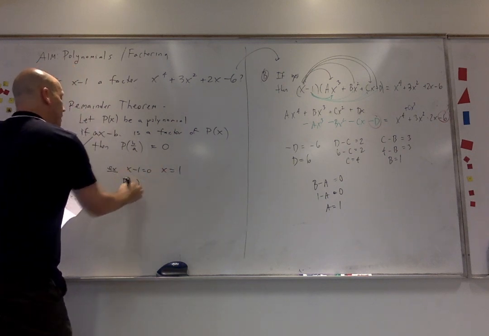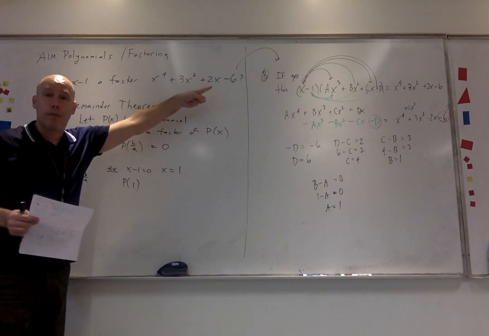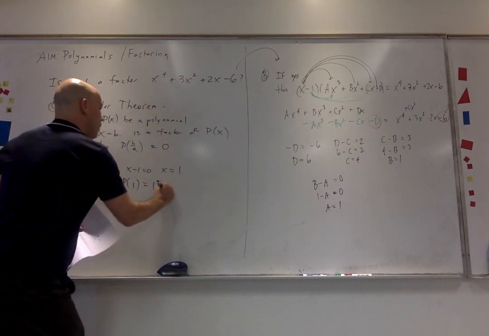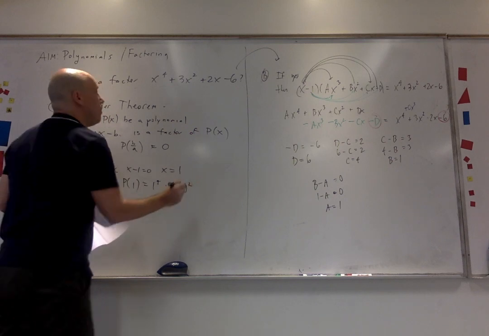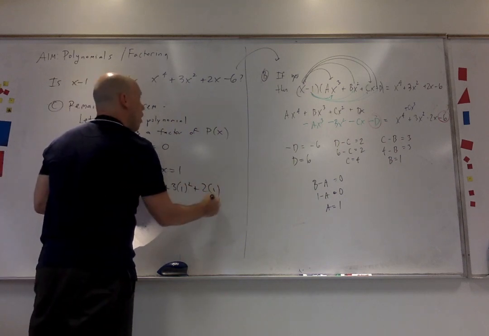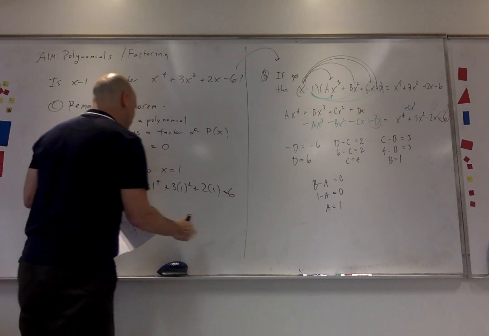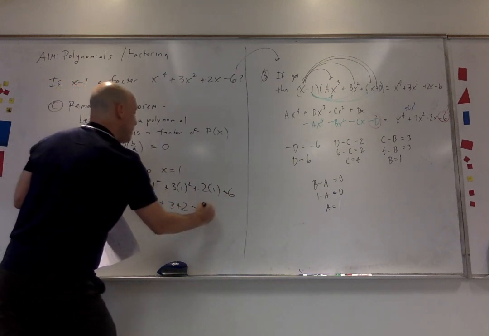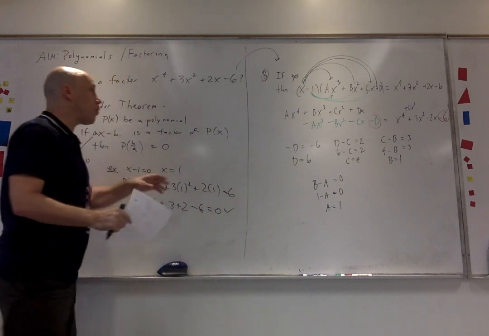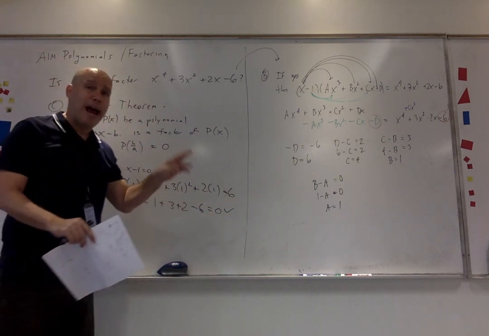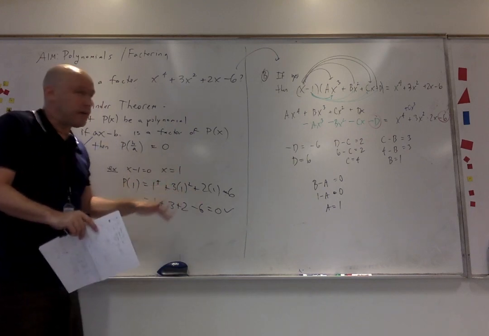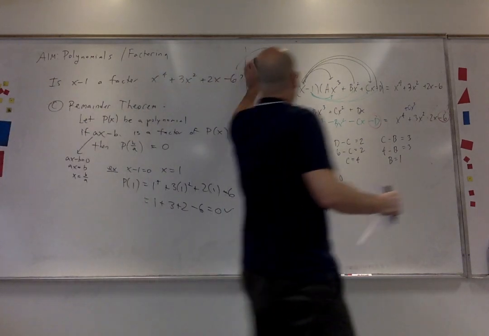P of 1 is equal to, I'm plugging it in here, 1 to the 4th plus 3 times 1 squared plus 2 times 1 minus 6. Is that 0? 1 plus 3 plus 2 minus 6? Yeah, that equals 0. So the remainder theorem tells me if it's a factor, it just doesn't tell me what the polynomial is. Let's try some more examples.